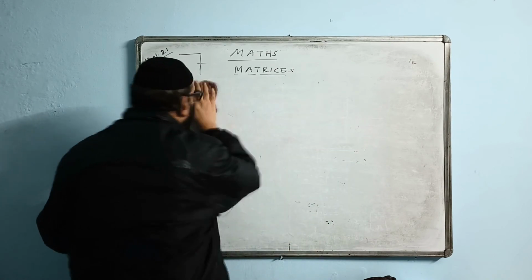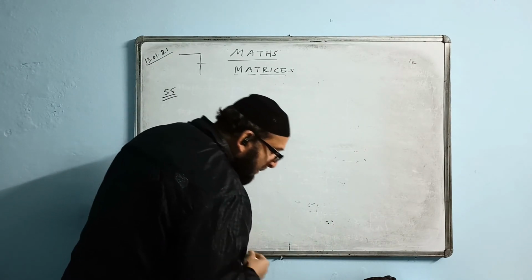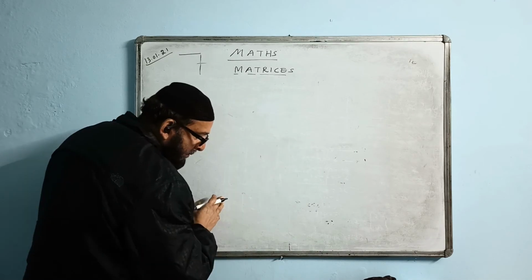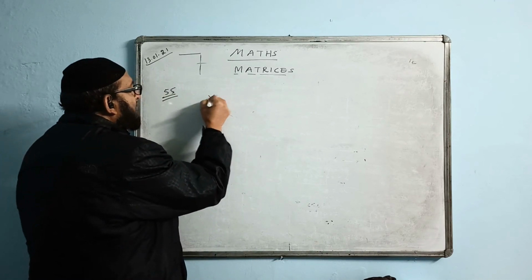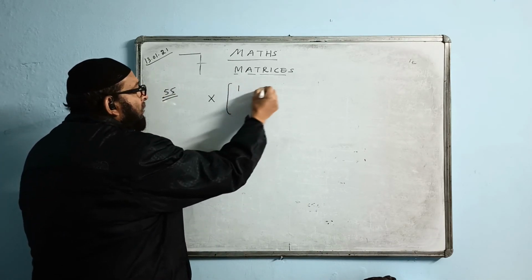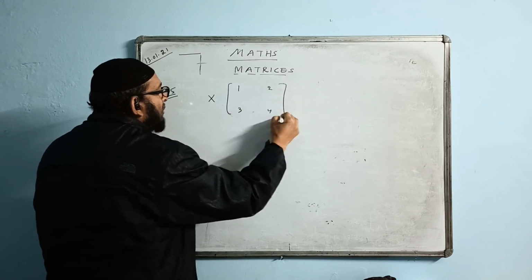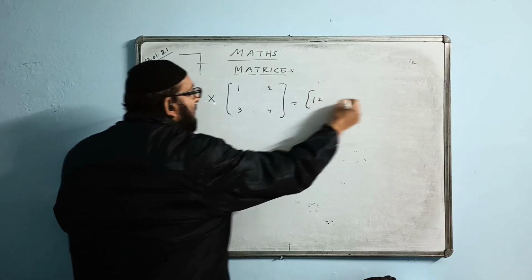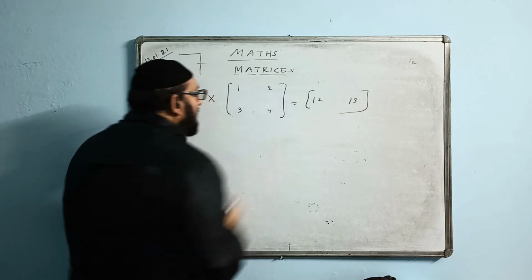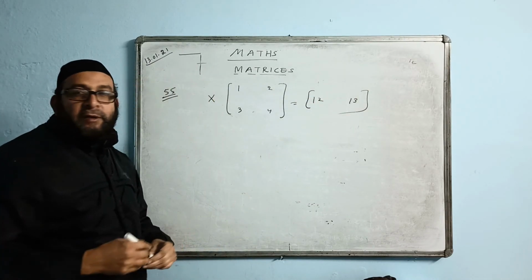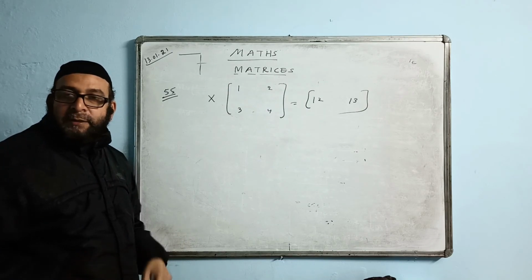Suppose they give another example. Suppose they have given X and out here something given like 1, 2, 3, 4, and out here the answer is given like 12 and 13 or anything. Find the value of X. First write the order of matrix X. What is the order of the matrix X?